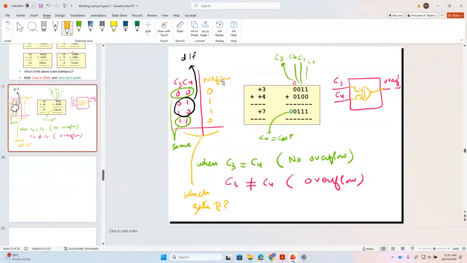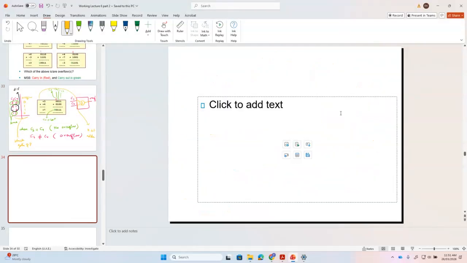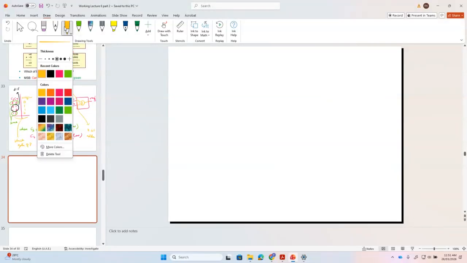What is the size of the adder here? Now can you see what is the size of the adder here? 4-bit. Assume we have an n-bit adder.